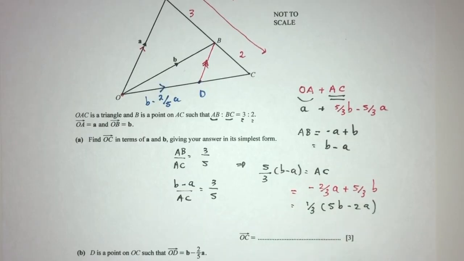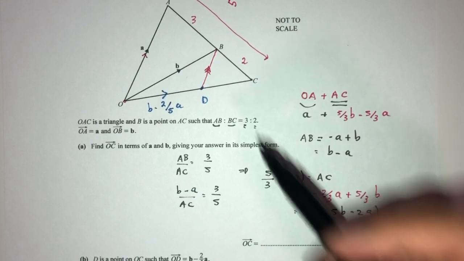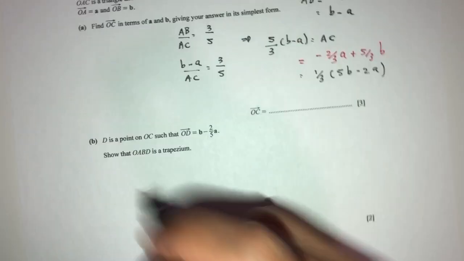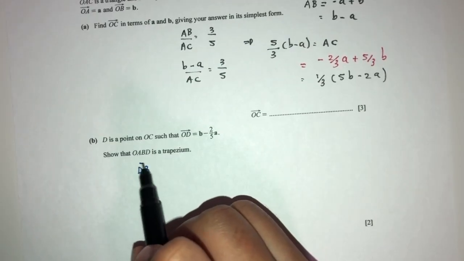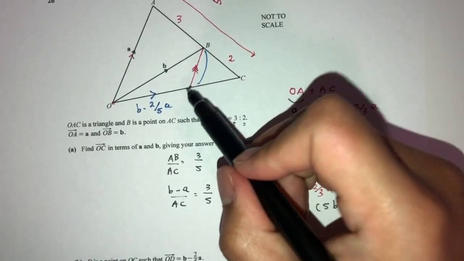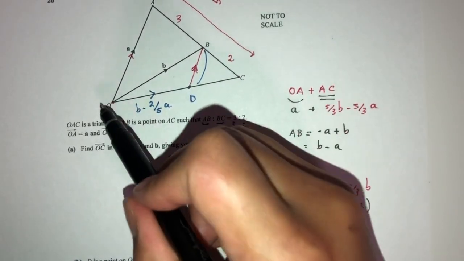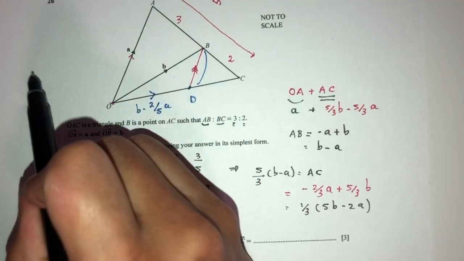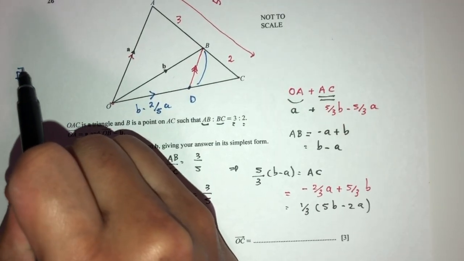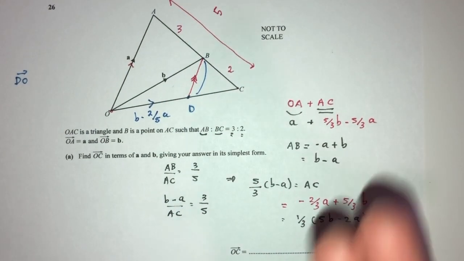How do you prove two sides are parallel? There must be a multiple of each other. So we have to find the value of DB. So let's find DB. From D, let's go to B. From D, I can go to O going to B. How do you find those values? By using the diagram.